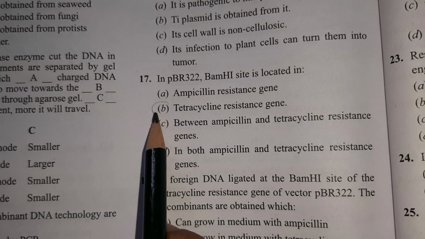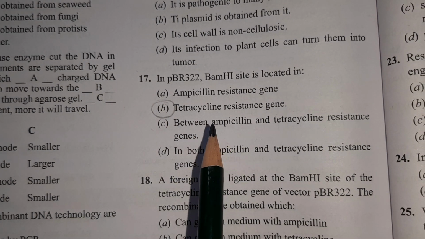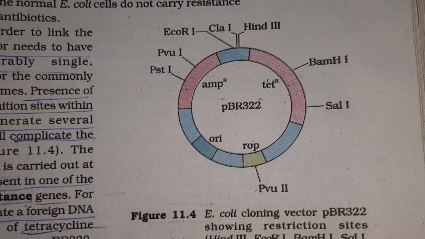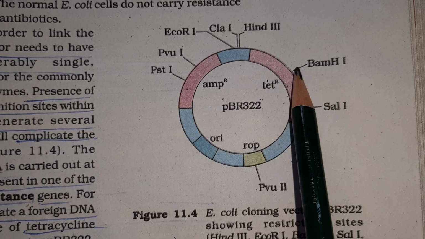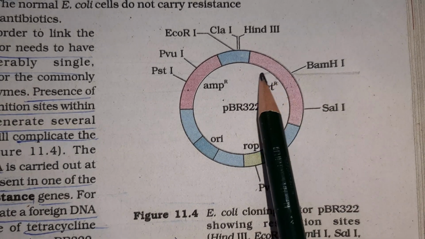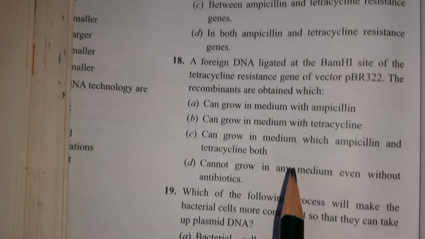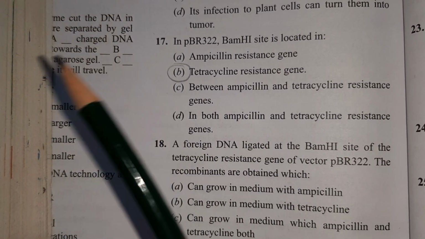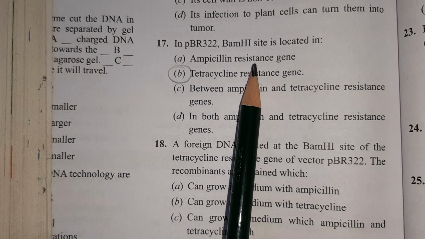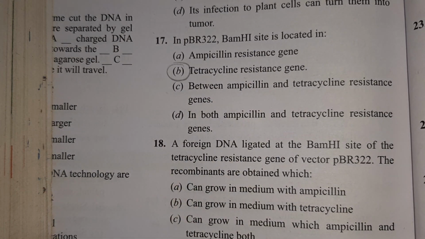The answer for this is tetracycline resistant gene. This is the diagram of the cloning vector pBR322 and you can see BamHI in the region of the tetracycline resistance gene. So in pBR322, BamHI is located in the tetracycline resistant gene.